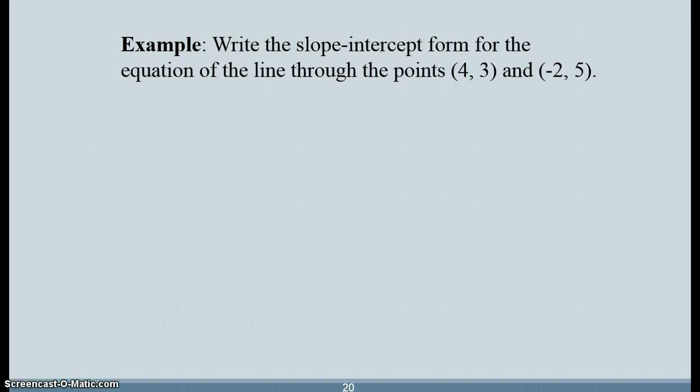This is an example. Write the slope-intercept form for the equation of the line through the points 4, 3 and minus 2, 5. Again, what do we do first? The first thing we do is calculate the slope. We have, of course, x1, y1, x2, y2.